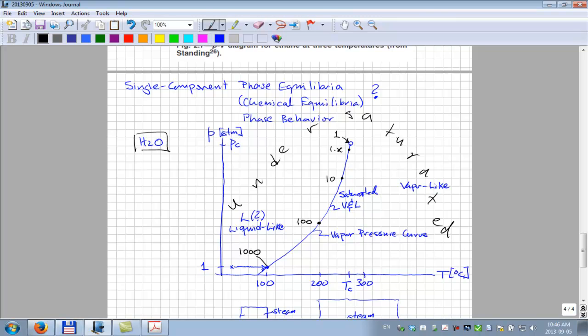Not a formal phase. It's just an undersaturated phase. That's what you can say. The properties might look liquid-like, they might look vapor-like, or they might be out here in the range where we don't know what the heck it is. So formal thermodynamic phase definition requires that there be two phases together in equilibrium. Okay?